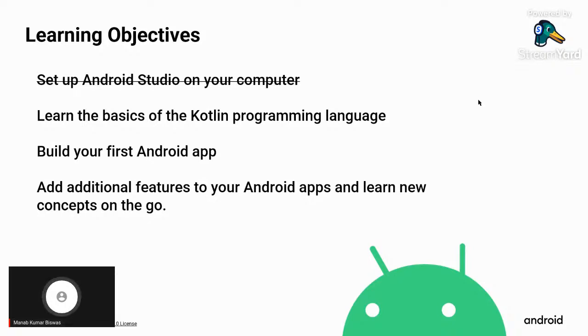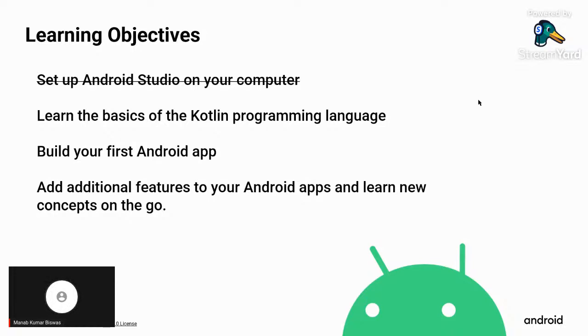Now, the next learning objective would be learning the basics of Kotlin programming language. I'm going to get to that in a couple of minutes. Then I would guide you through how you build your first Android app and run it either on your phone or on something called an Android virtual device, which runs on your laptop.